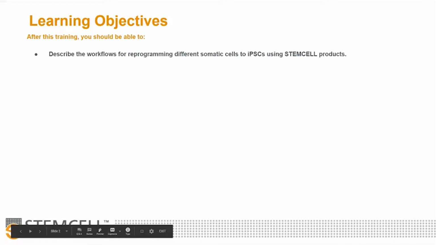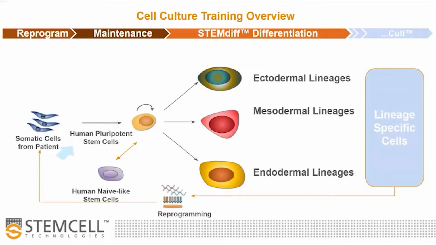After today's training, you will be able to describe the workflows for reprogramming different somatic cells to iPSCs using STEMCELL products. This is our cell culture training overview, and it brings you through the stages of the iPSC workflow, starting with reprogramming, then maintenance of newly reprogrammed PSCs, and finally the differentiation protocols that we have to offer our customers.